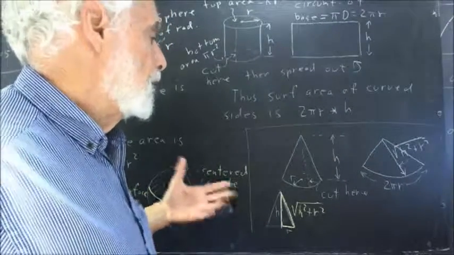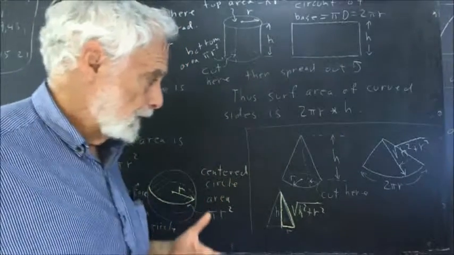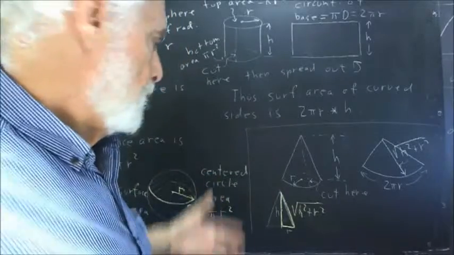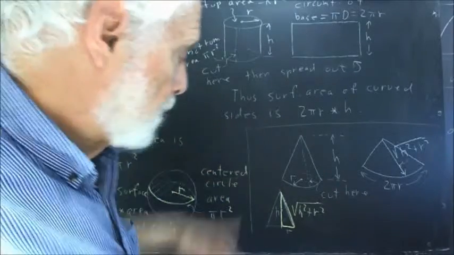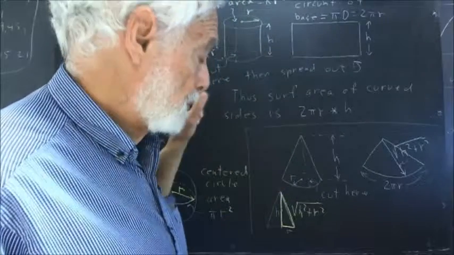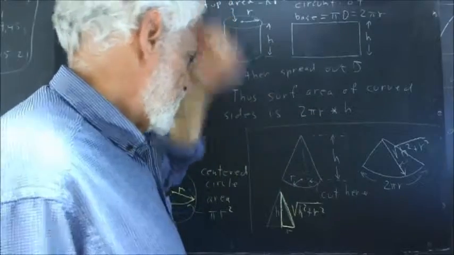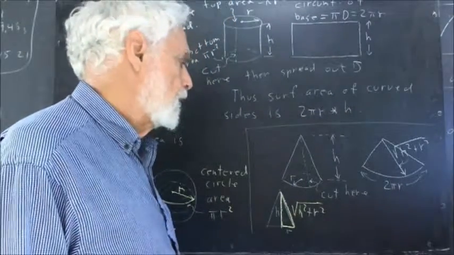One that's a little less easy, and I'm not going to complete the argument because we have to get into sectors of a circle and so forth, and we could do that, but in the interest of time, we're not going to. We have a cone, base radius r, height h. How do we find the surface area of that cone?